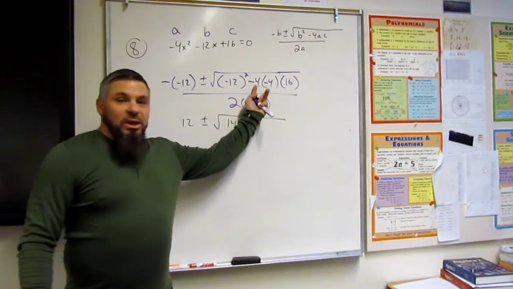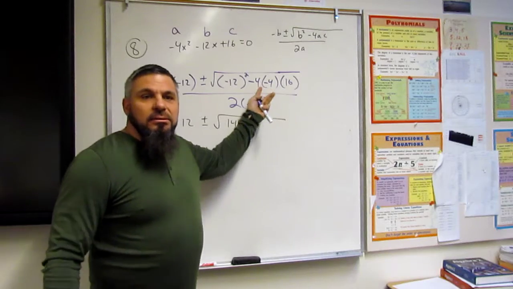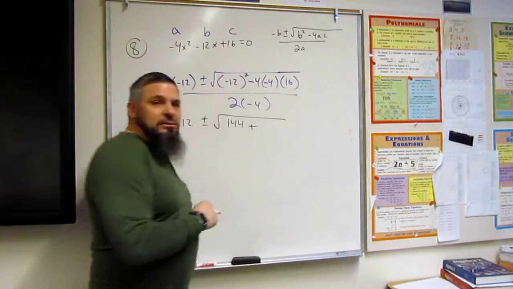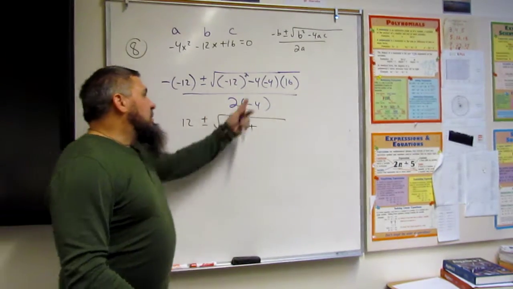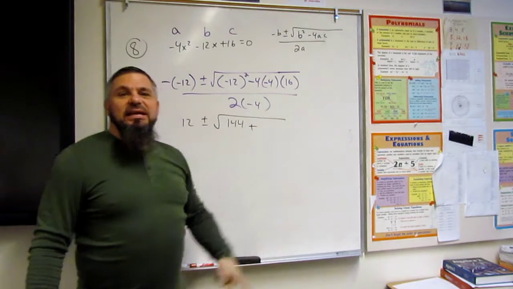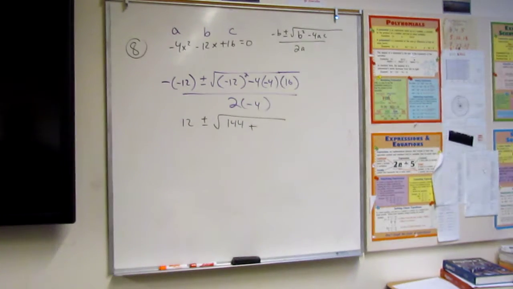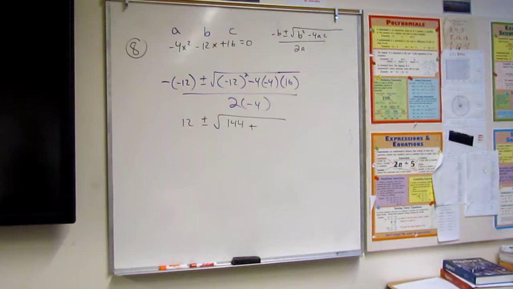Now, two negatives make a positive, so this is going to be plus. Plus what? 4 times 4 times 16, or 8 times 16, or 80 plus 48. So, what is that? 128?